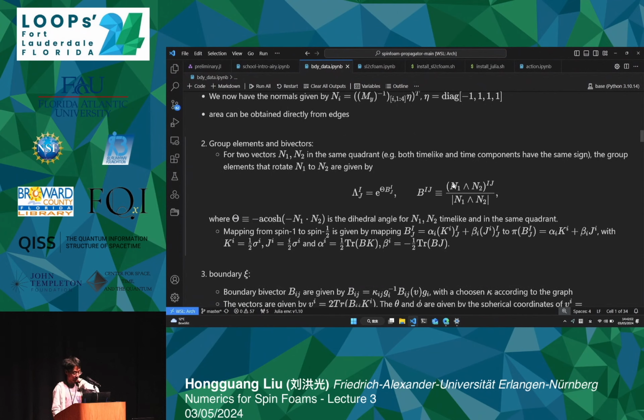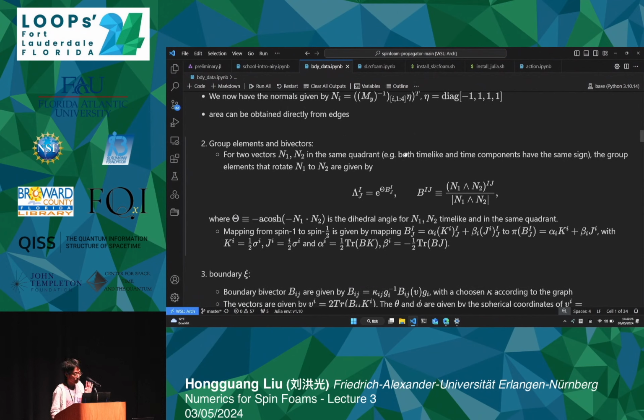And this bivector is defined by N1 wedge N2. So this is the group element that boosts N1 to N2, up to transformations that preserve the subspace of N2 or N1. And this theta is nothing else but the dihedral angle between N1 and N2.